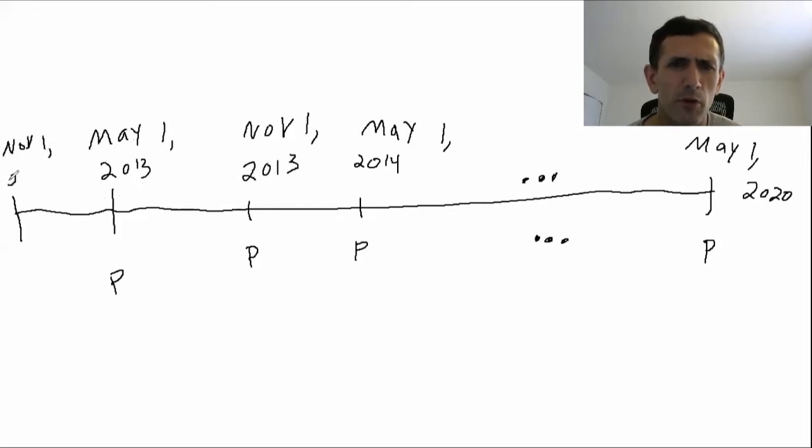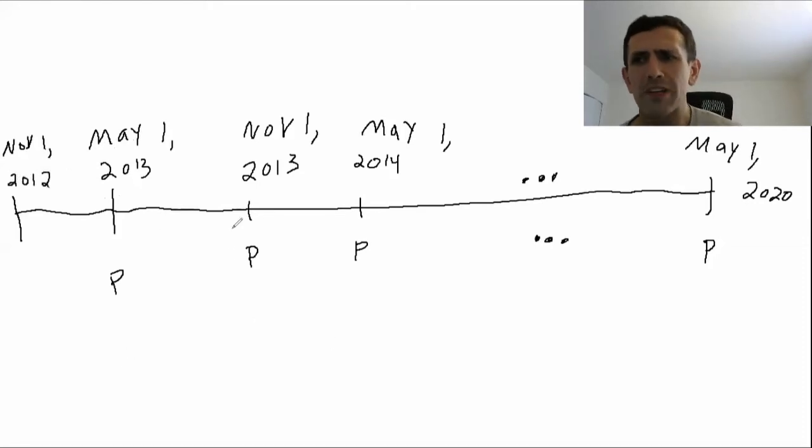So it's November 1st, 2012. Okay, so now we're in exactly the annuity immediate situation here. So it might be clear that this is going to correspond to 16 6-month periods. If it isn't, let's just see the pattern here.